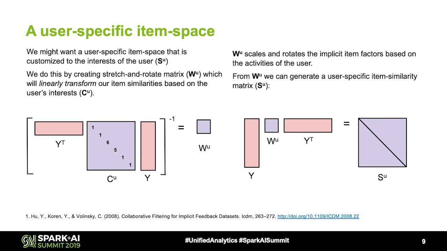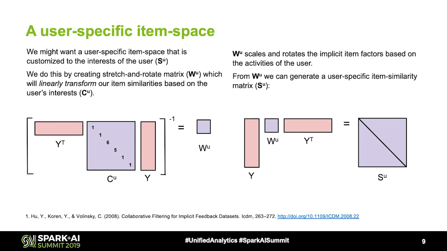What you can do is adjust those latent factors by this weighting matrix W. And how do you come up with W? Basically, you take the inner product of your item factors, and you adjust this inner product by the consumption pattern of a particular user.